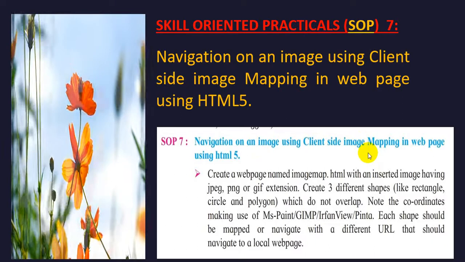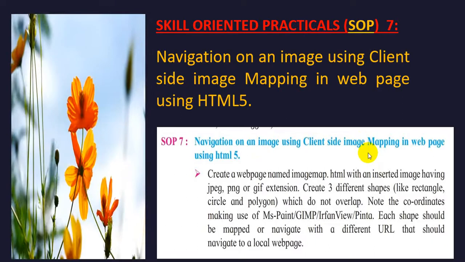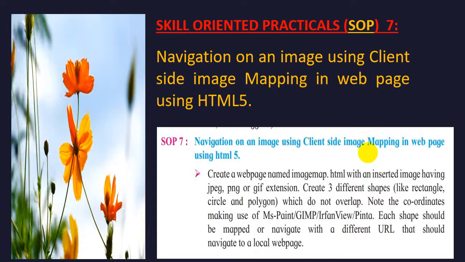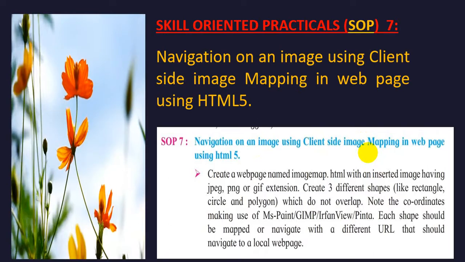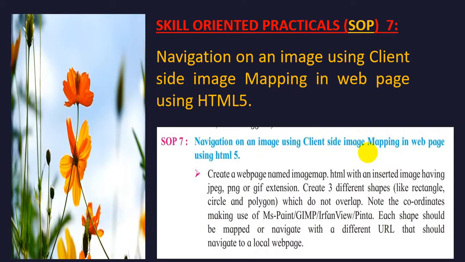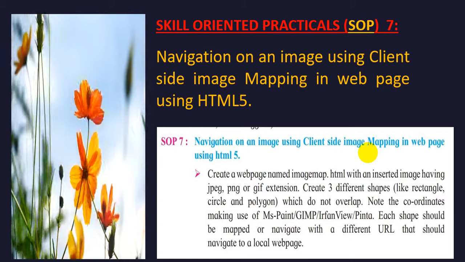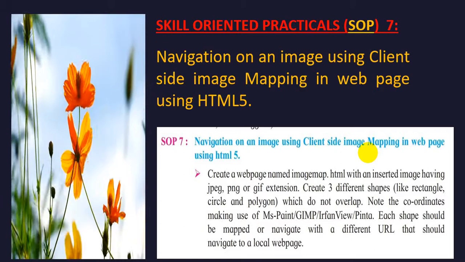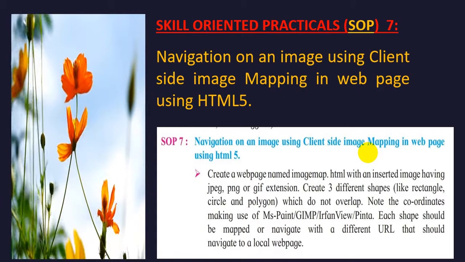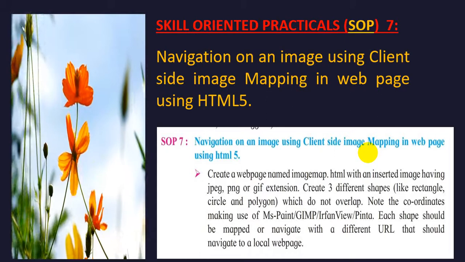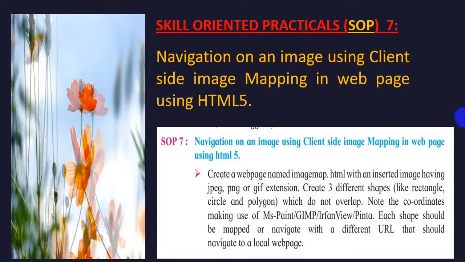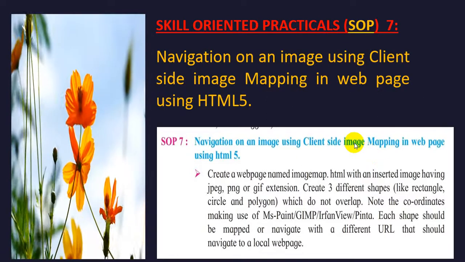As we know, we have two types of image mapping: client side image mapping, or the other option, server side image mapping. But in our syllabus, in standard 12, we have only client side image mapping, so our focus will be on client side. Even in your examination you will be asked for client side image mapping only.